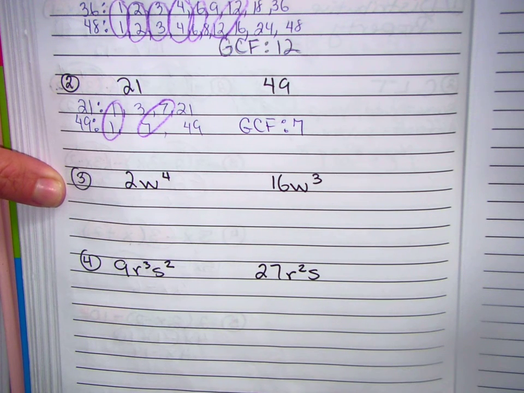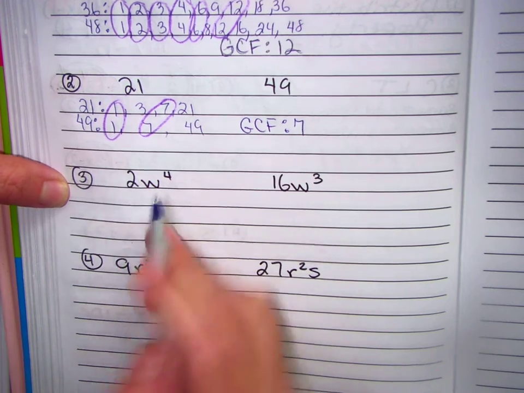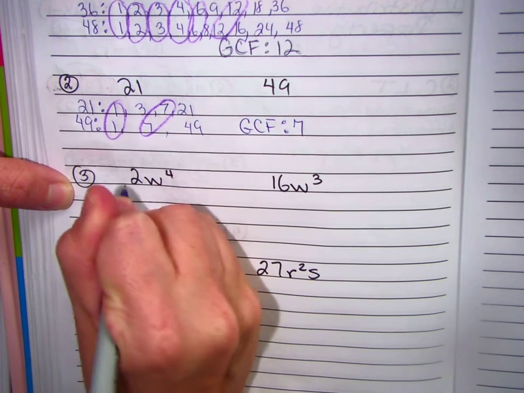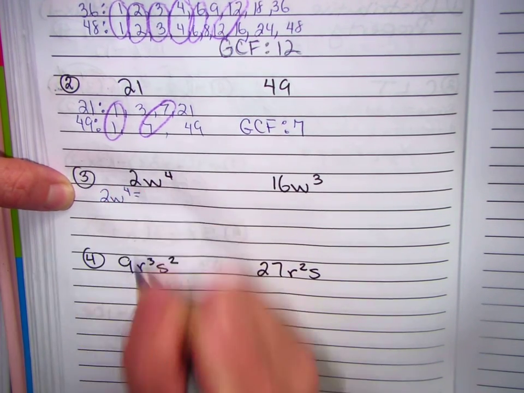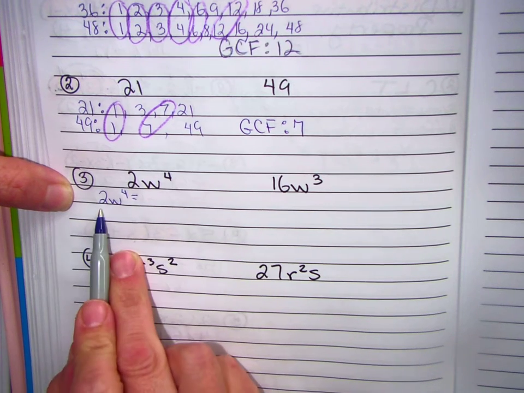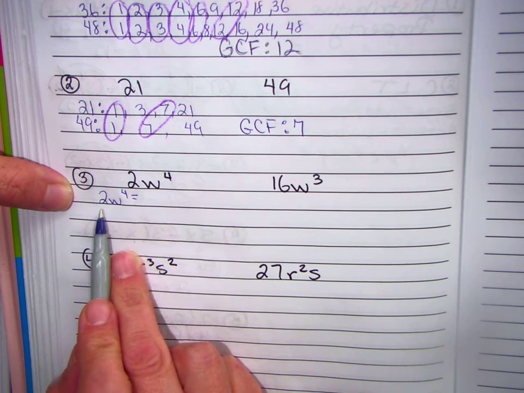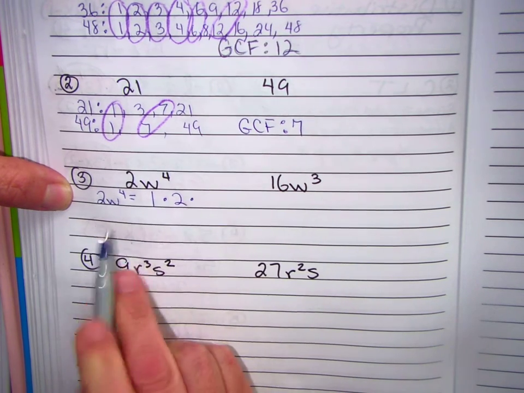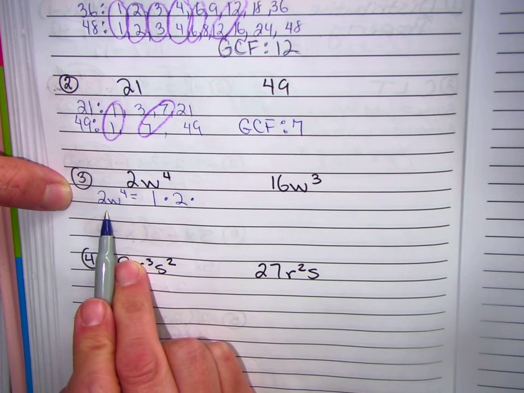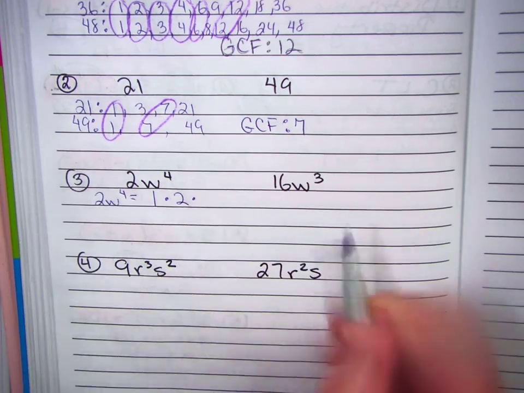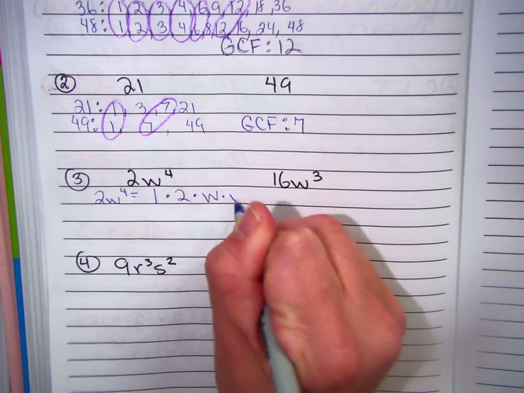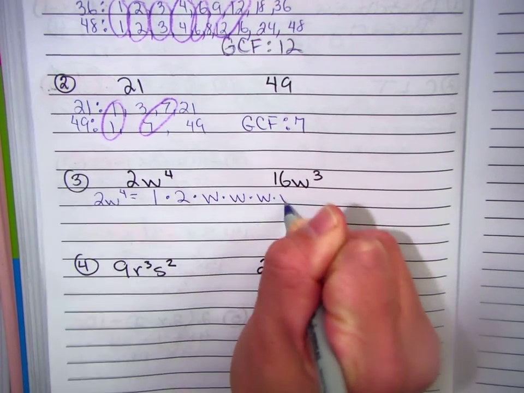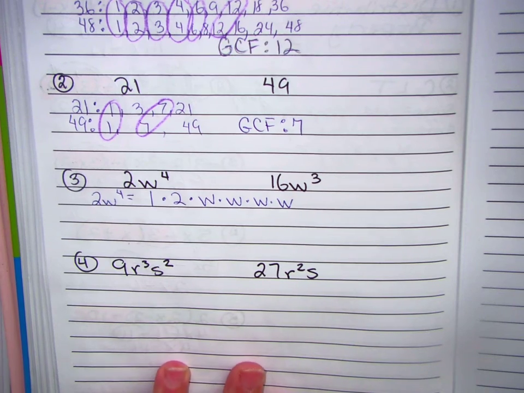Factors are what numbers make it up. So what I'm going to do is list this out. What numbers make up 2? 1 times 2. How many W's does this term have? 4 W's, right? So 1, 2, 3, 4. And we're done with that term.